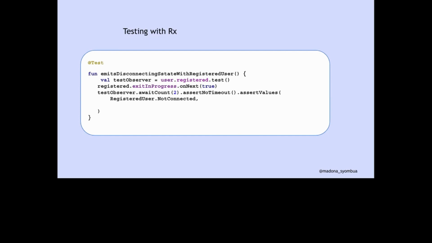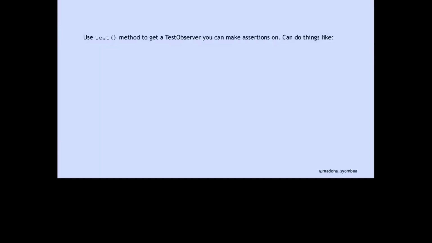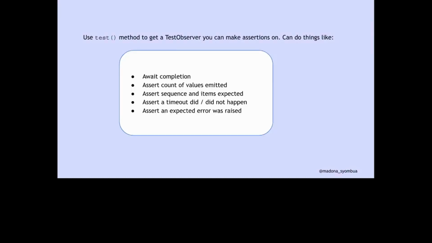Here I was trying to test emitting a disconnecting state with the registered user, and I gave an example of how you can actually time out, await, and assert the value. And like I said, RX is a pretty heavy learning curve, and you would need to get to the ins and outs of testing in RX.